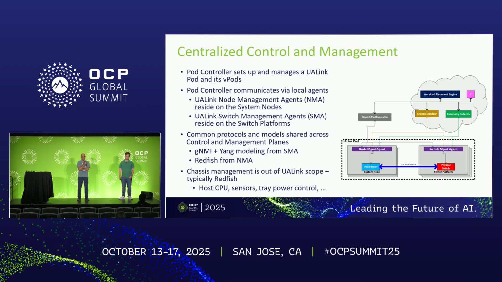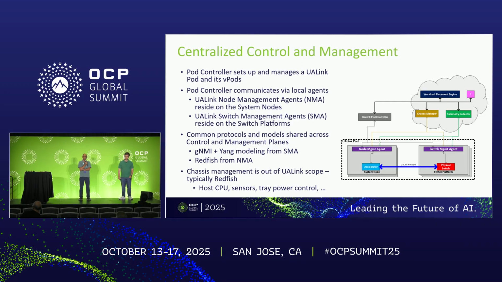From the switch management side, we are focused on trying to unify both the management and control plane. Like I said, we do have a control plane because we have to download routes. It's very close to what SDN architectures look like. And that unification comes through gNMI as the common protocol and RPC mechanism, and YANG as the data model.